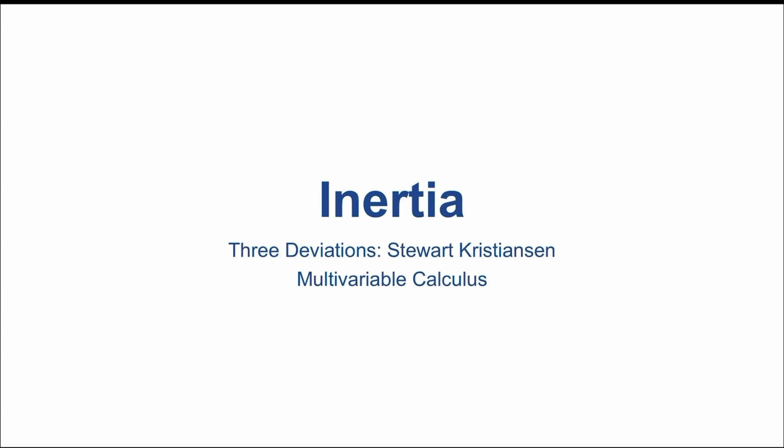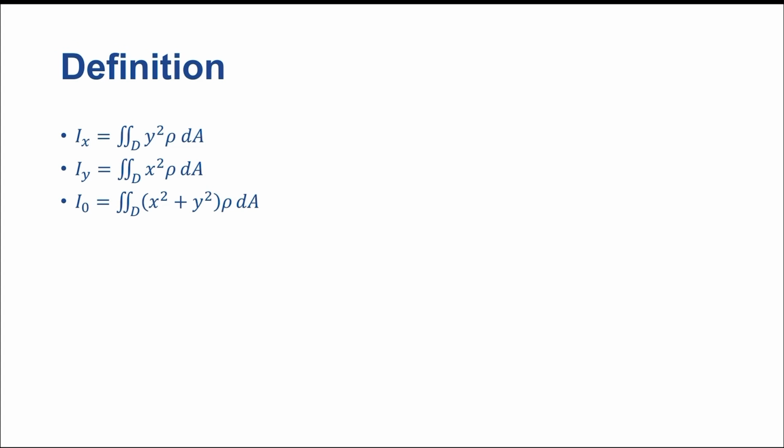All right. So here's the definition for the moment of inertia. Let's say that I want to find the moment of inertia about the x-axis. In that case, I take the double integral over the domain of y squared times the density function.